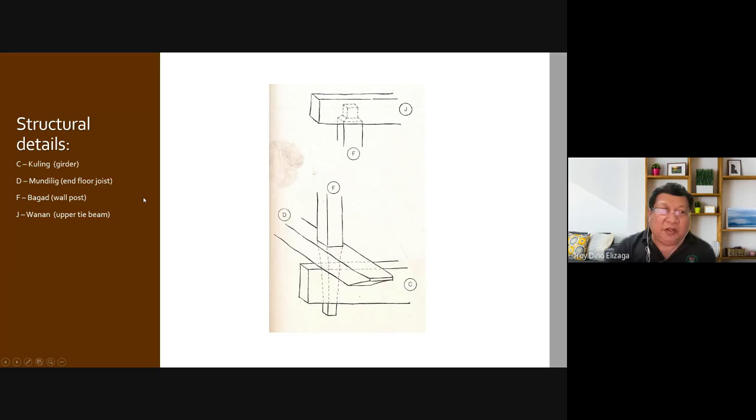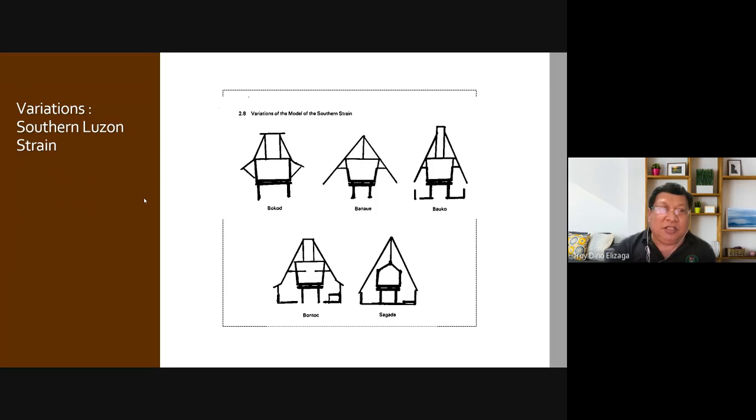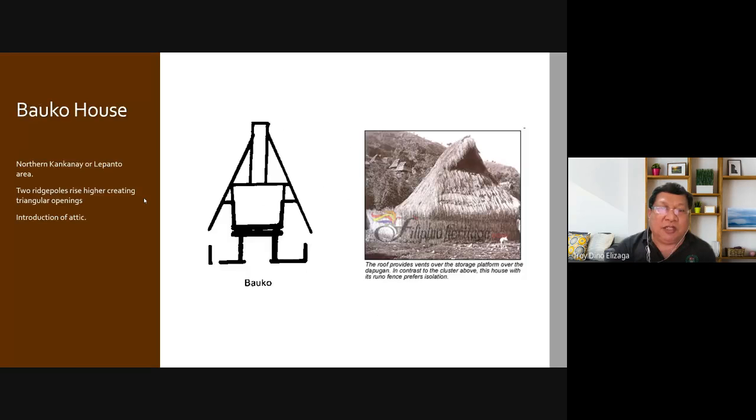Where were we? So, structured. In the southern Luzon, we have these types of houses: the Bukod, Banawe, Baoko, Bontok, and the Sagada. So let's try to talk about each of them, starting with Baoko. It says here that there are two ridge posts rise higher, creating triangular openings.